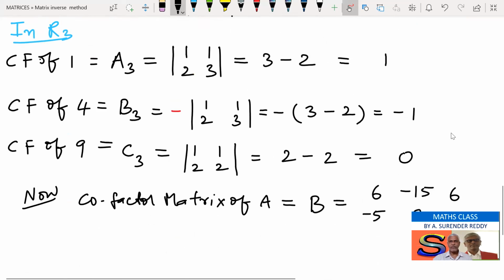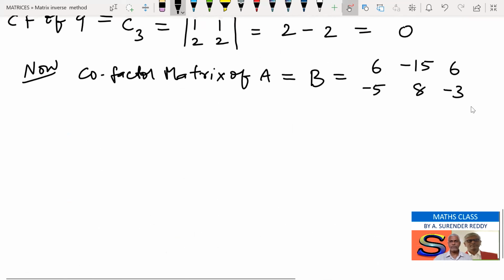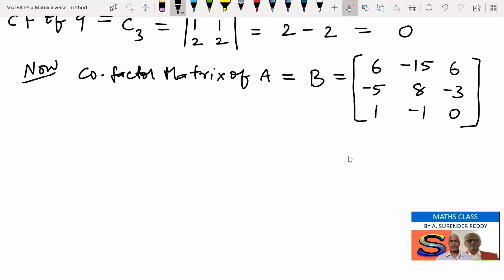Third row cofactors: 1, minus 1, 0. So this is the cofactor matrix.